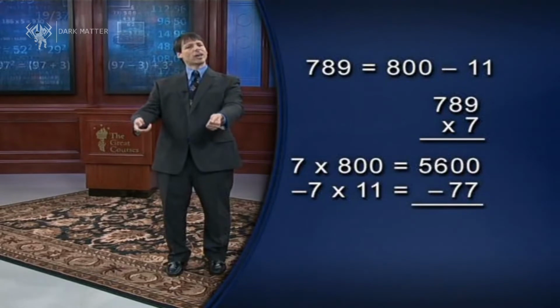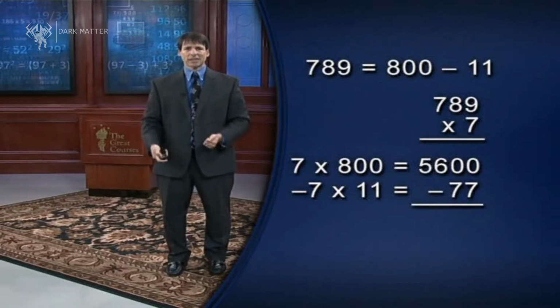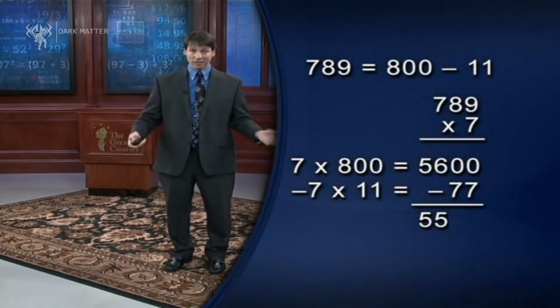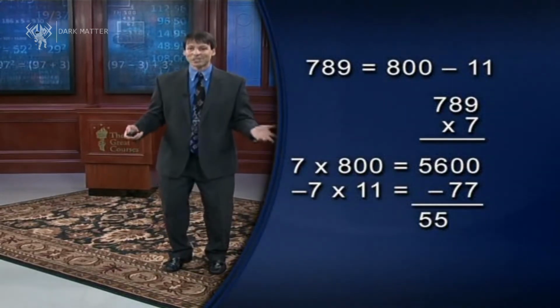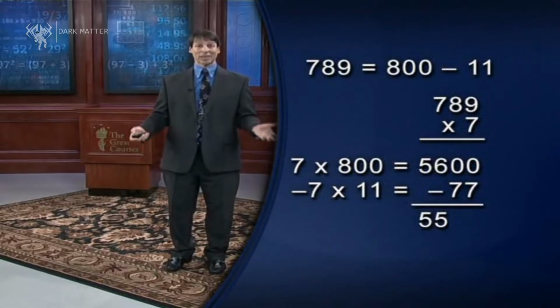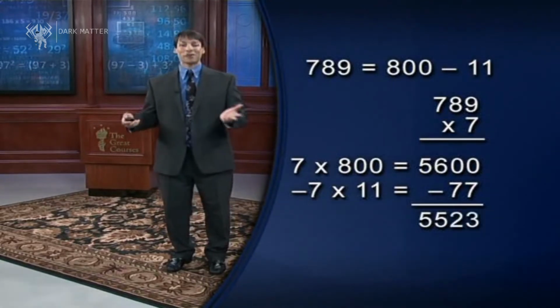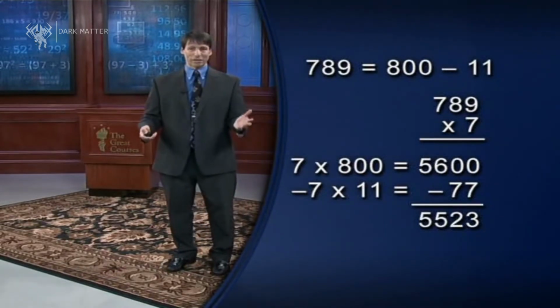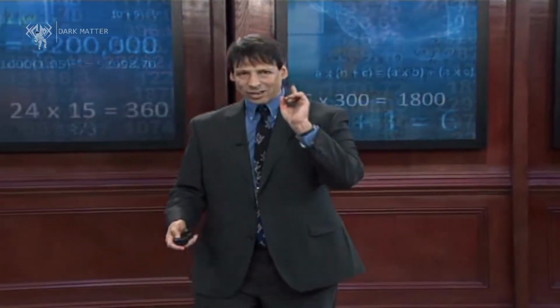What's 5,600 minus 77? You know it's going to be 5,500 and something. 5,500 and what? Well, the complement of 77 is 23. So there's your answer again, 5,523. As we've seen before, we've taken a hard addition problem, one that had lots of carries, and turned it into an easy subtraction problem.